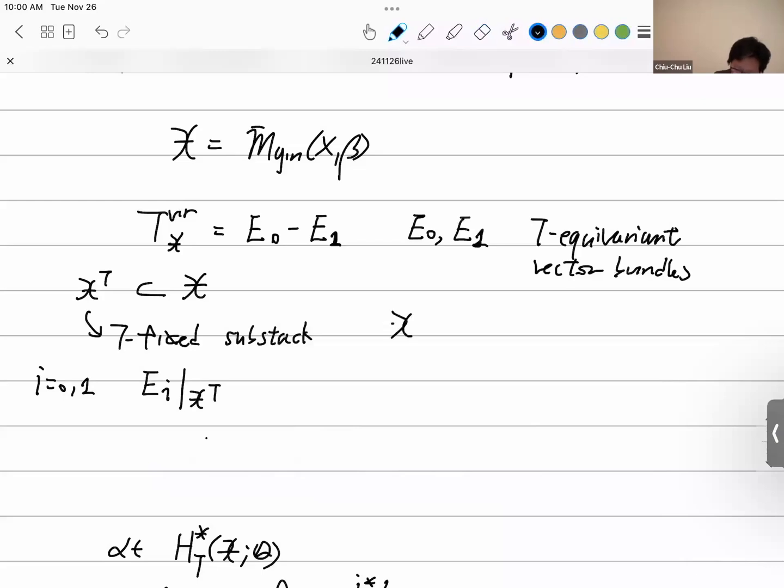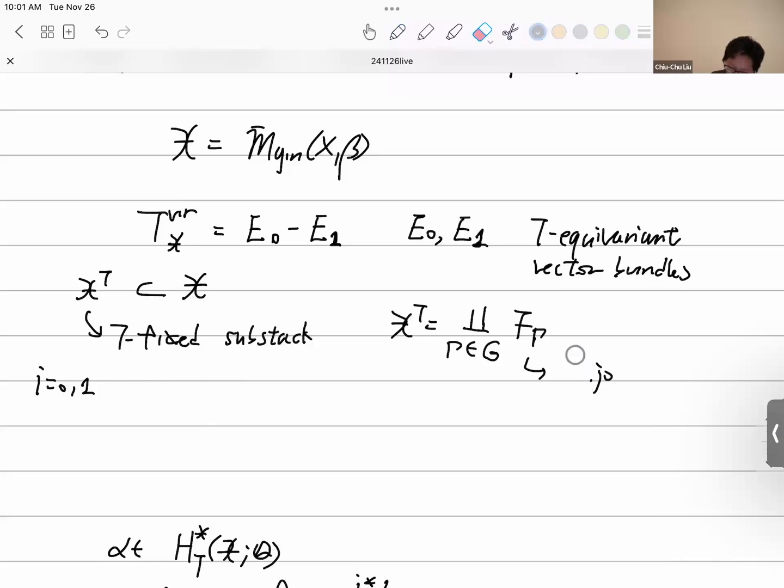So maybe let's see, in general, the fixed locus X^T is a disjoint union of connected components, say labeled by some graph. So each F_gamma is a substack of X^T.